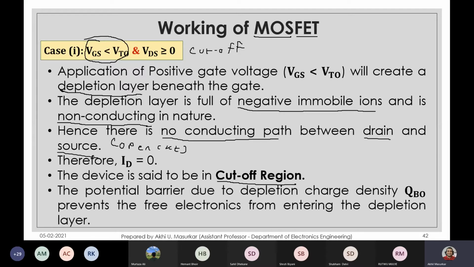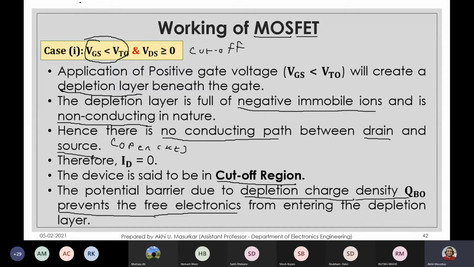Potential barrier due to the depletion charge density in this region prevents the free electrons from entering the depletion layer. So the voltage at the gate is not sufficient to pull in more and more electrons.